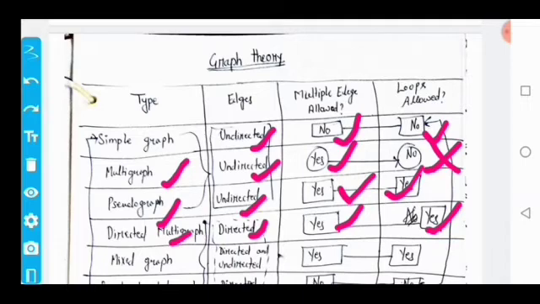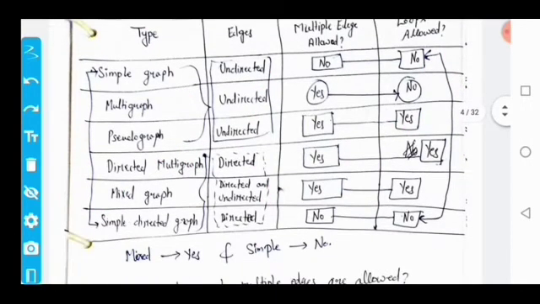Next is your mixed graph. In the case of the mixed graph, both types of edges are used, means directed plus undirected, and here both multiple edges as well as loops are allowed. Now come to the next, that is your simple directed graph.